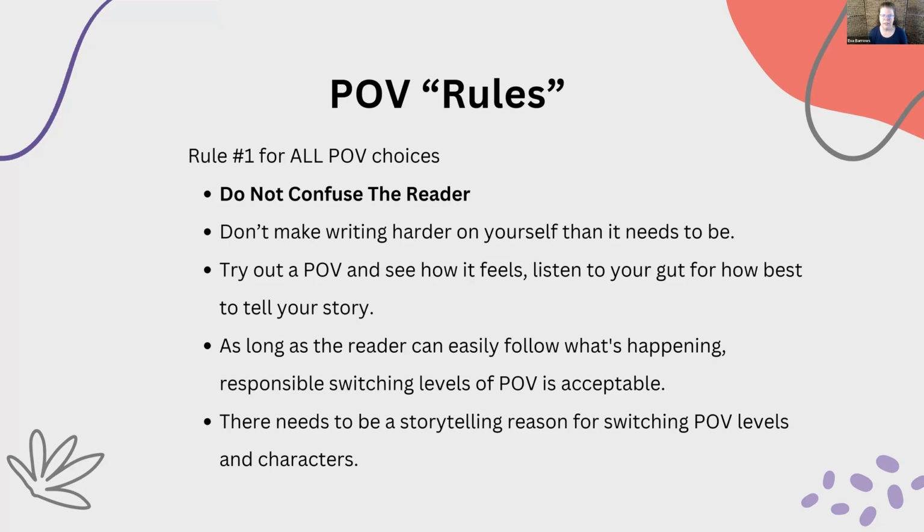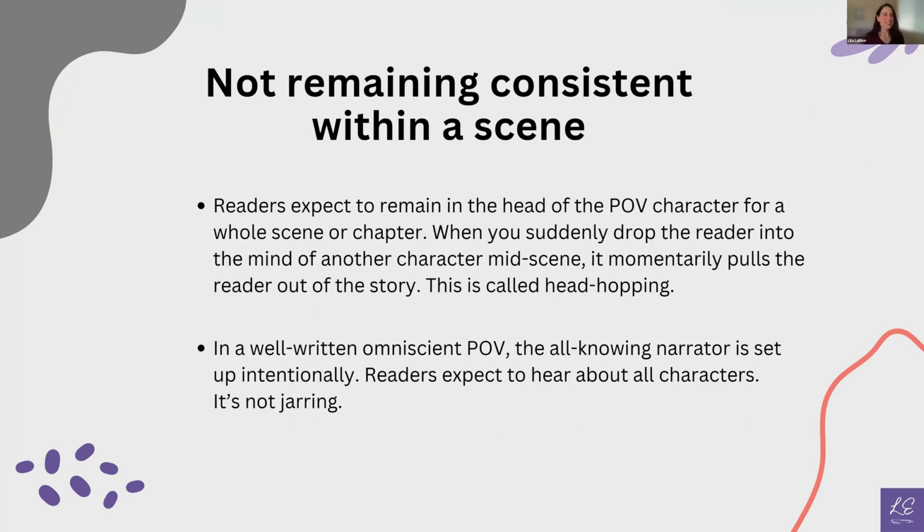And then as long as the reader can easily follow what's happening, responsible switching of levels of point of view is acceptable. There needs to be a storytelling reason for switching point of view levels and characters. One of the things that I see is not remaining consistent, not keeping a consistent point of view within a scene.